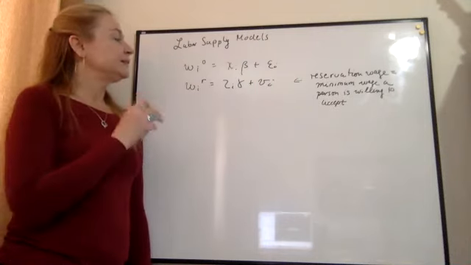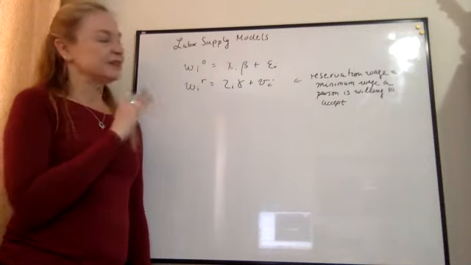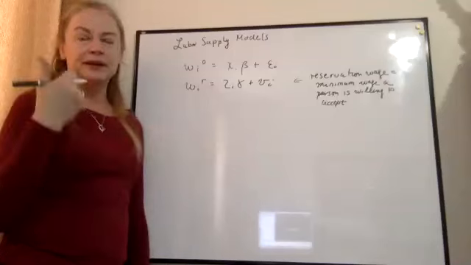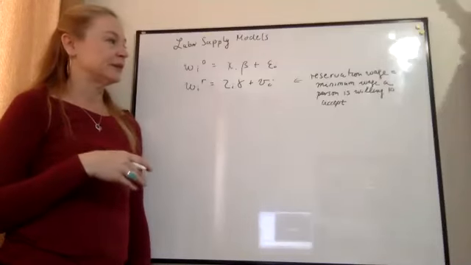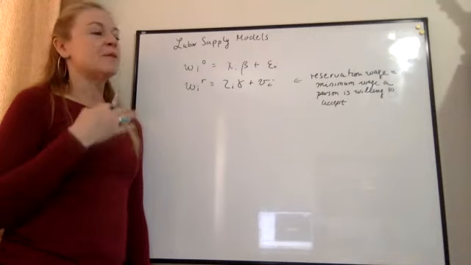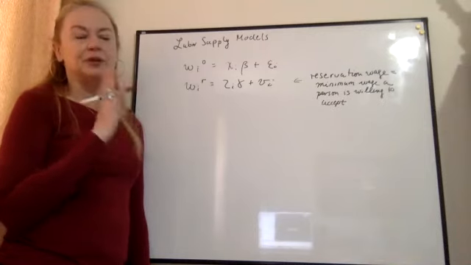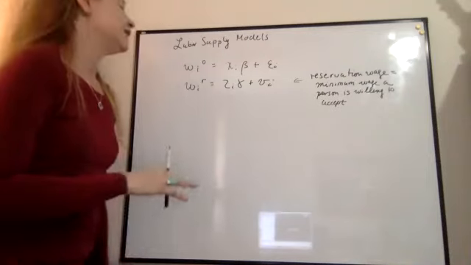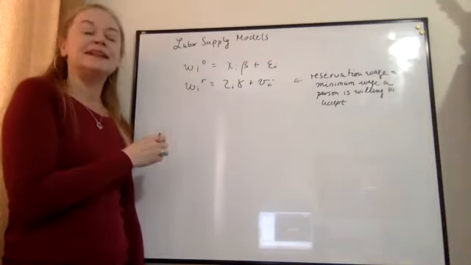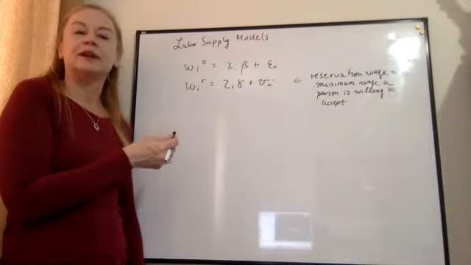The idea is that in these models, there's no voluntary unemployment. So this would be a really bad model for right now, since the unemployment rate has gone up and a lot of people are not able to work. But these models apply for regular times when the economy is not in bad shape, and people could get a job if they wanted one.